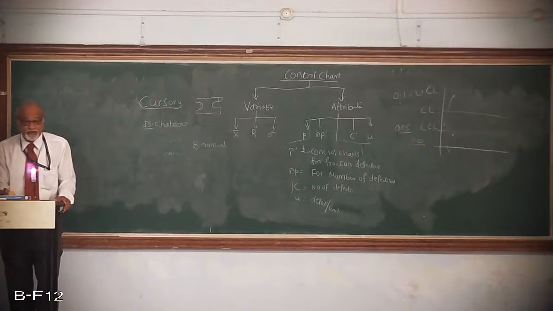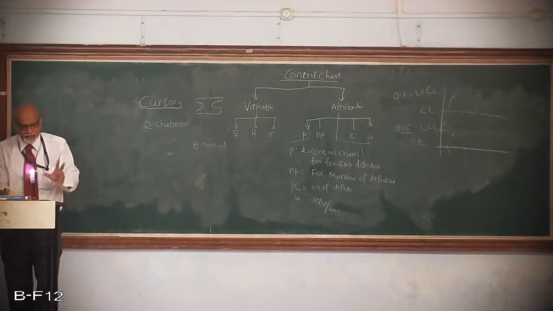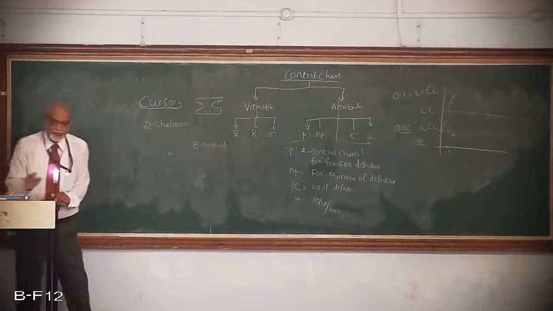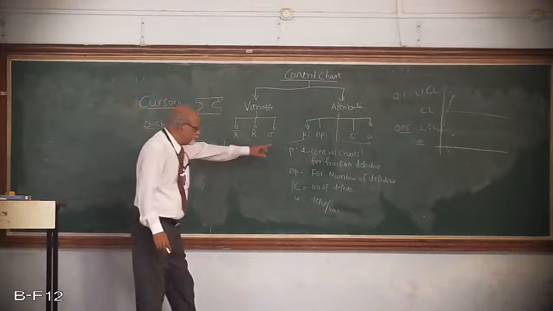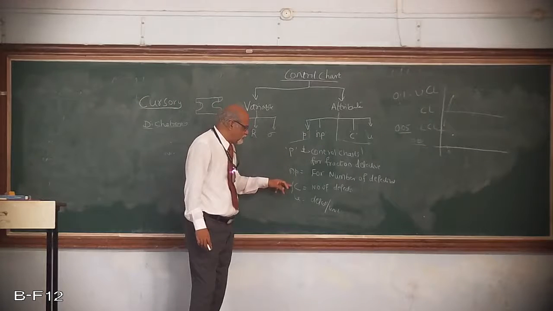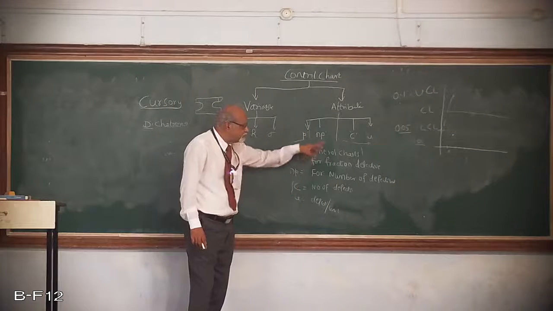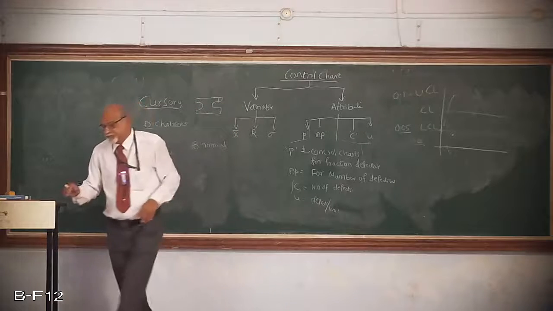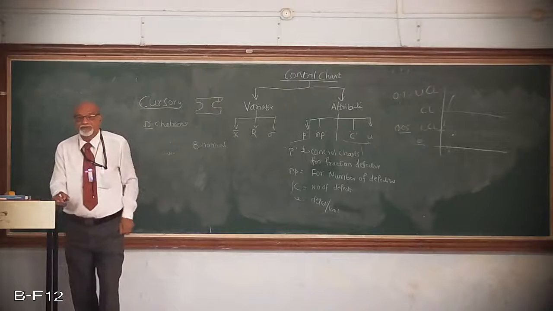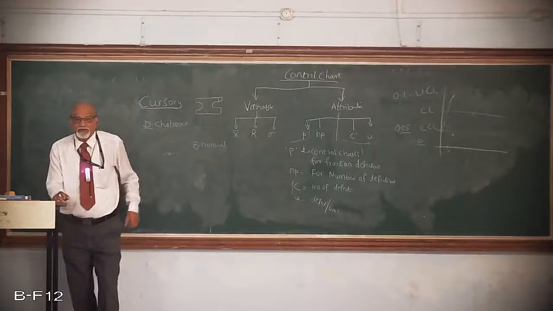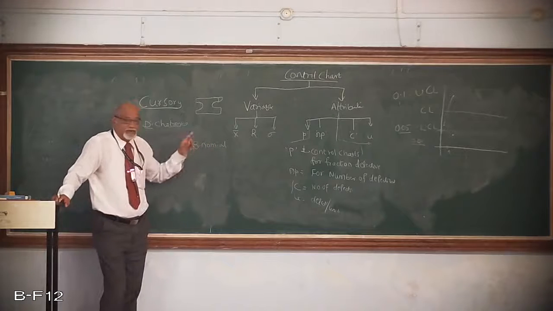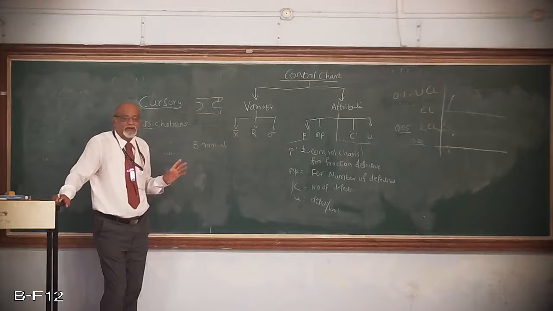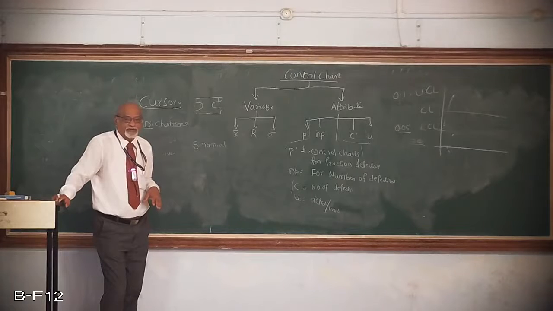When P is small, then we said Poisson distribution. When P is more, we'll go for P chart. When P is small, then we'll go for C chart, that means defects. So occurrence will be less, and defects, that classification we have to see. Usually this P chart, or NP chart, will follow the binomial distribution. So it is very simple.